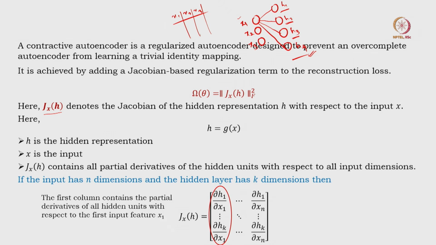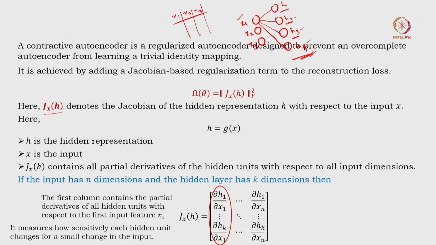So the first column gives the partial derivatives of all these hidden units with respect to the input feature x1. We are measuring how sensitive each hidden unit is to a small change in x1. This is what the Jacobian matrix says.